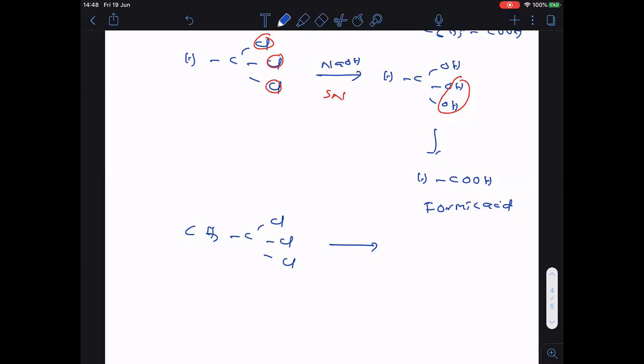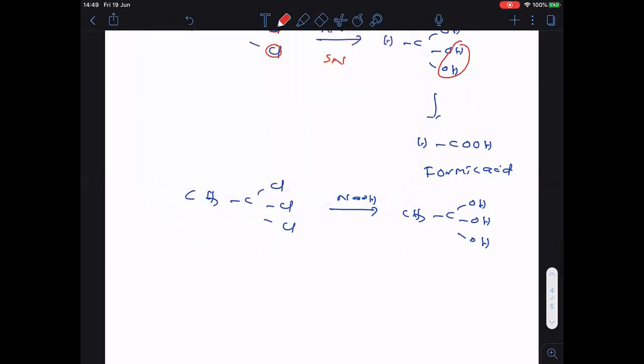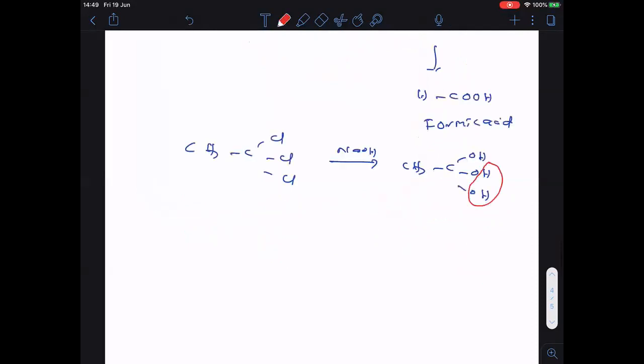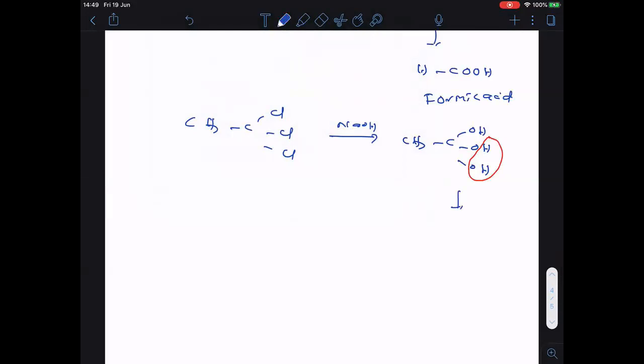Again here also we have to take NaOH. All the halogen atoms are substituted by OH minus ions. Clear? So three OH groups on one carbon, highly unstable. So immediately a water molecule eliminates out. Then what is the acid formed here? CH3COOH. What is the name of this one? Acetic acid is formed here.